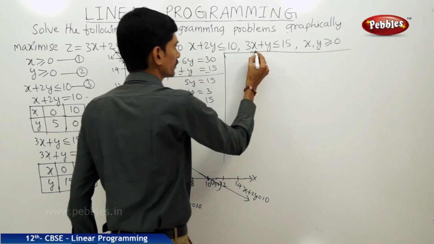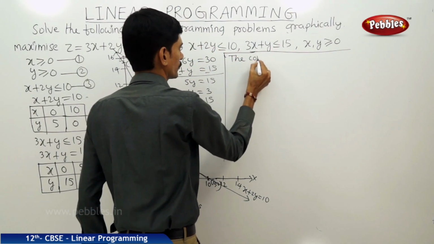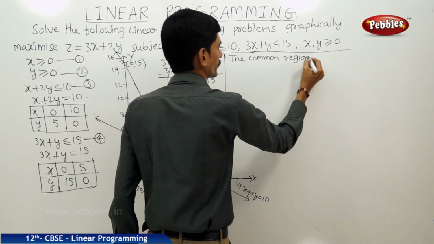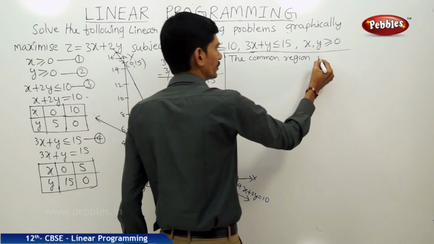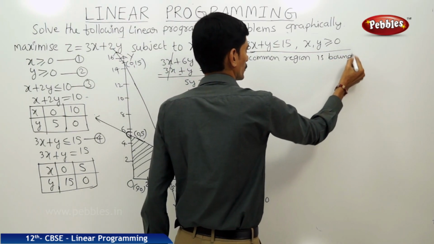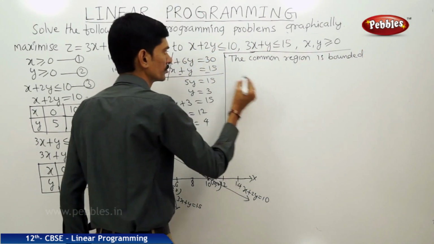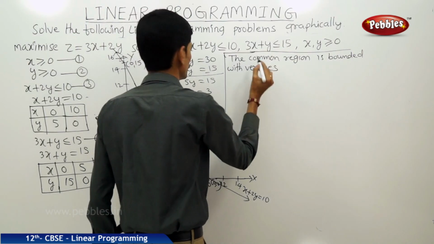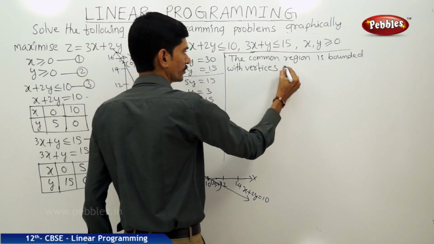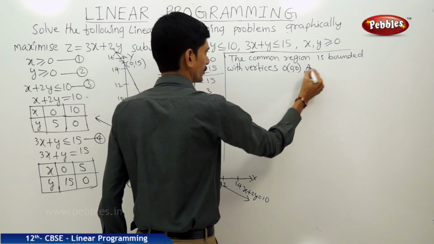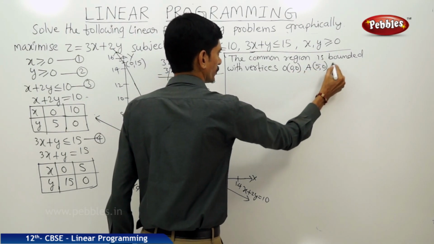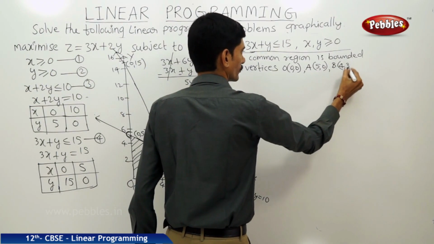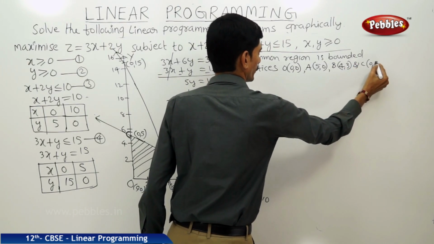So the common region, which means the feasible region, is bounded with vertices O 0 comma 0, A 5 comma 0, B 4 comma 3 and C 0 comma 5.